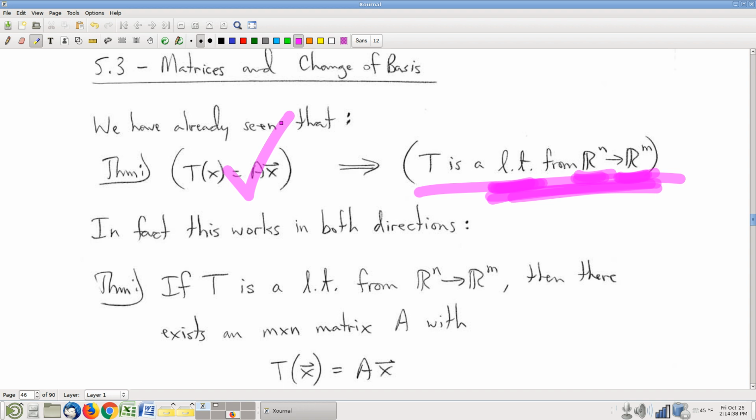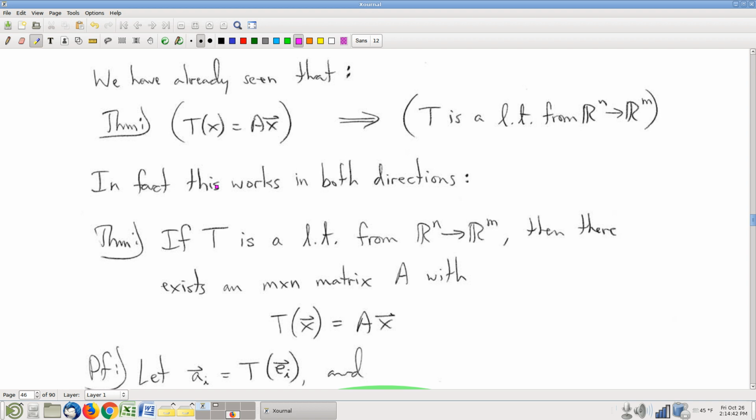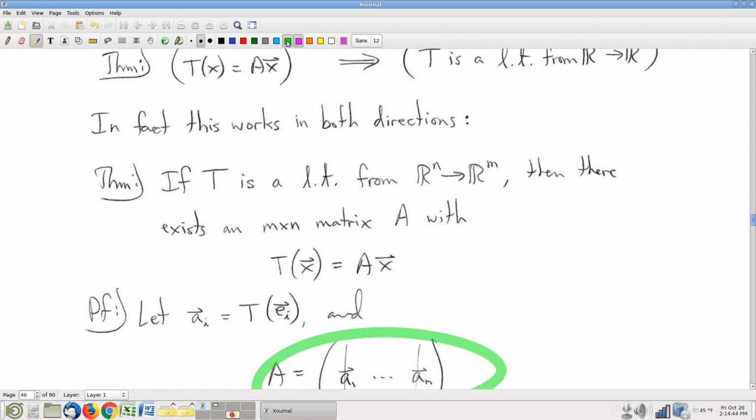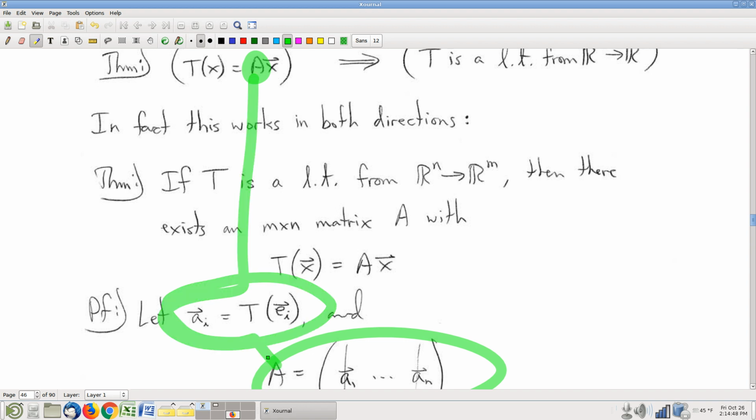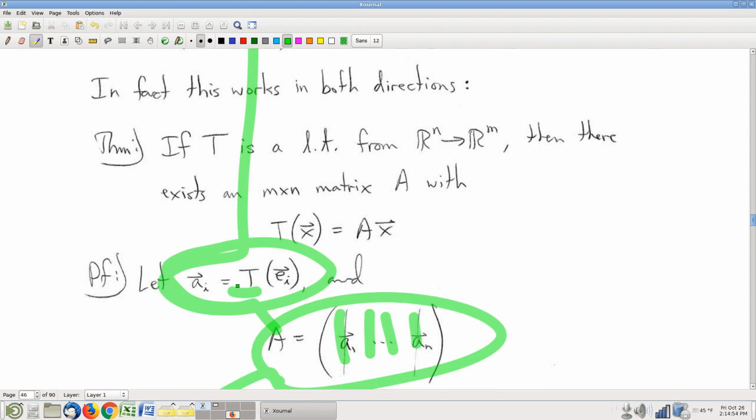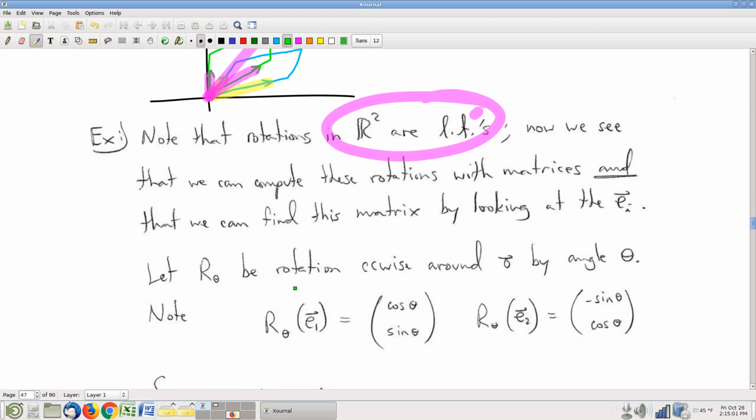Right? And furthermore, not only do I know I can represent it as a matrix, but I have a formula for this matrix. The matrix that represents my linear transformation has columns that are images of the standard basis vectors. And that's all there is to that, except for some details.